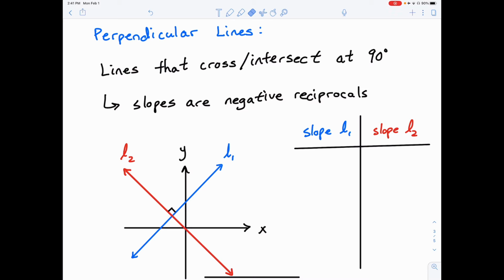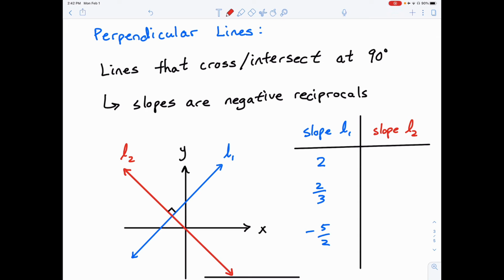So let's take a look at some examples. Let's say we were given slopes of 2, 2/3, and -5/2, just for example. Now let's talk about what slopes line 2 would have. Negative reciprocal means that we change the sign, and reciprocal means we flip the numerator and denominator. First of all, 2 is the same as 2/1.